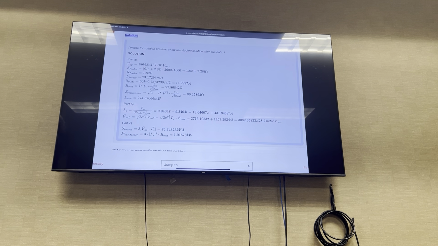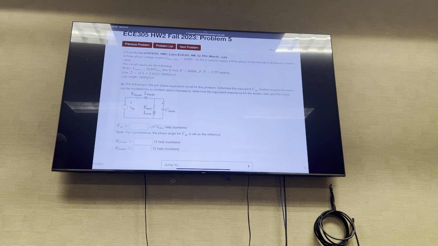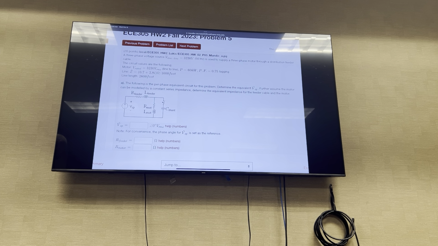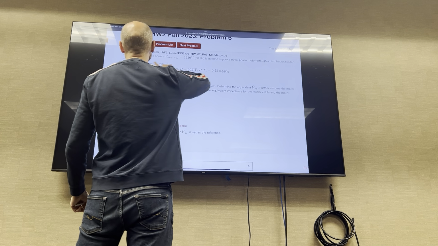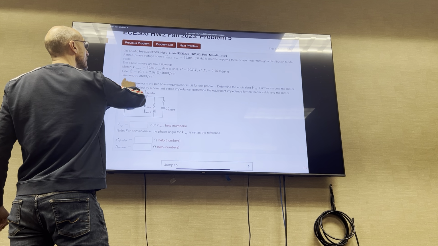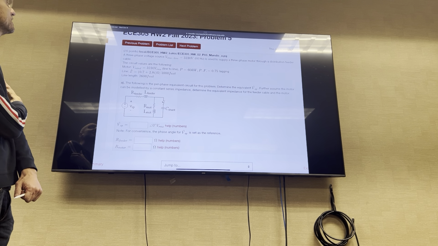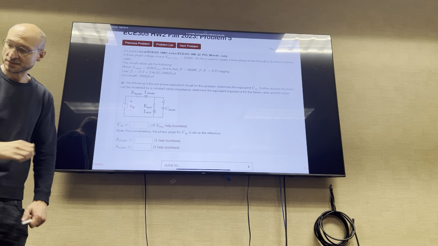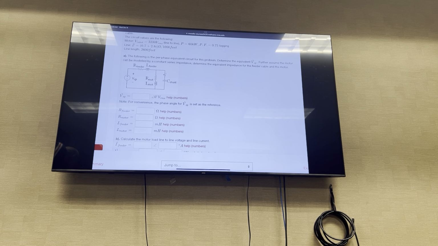Well, they're both line. And I think I_S is line to neutral. Somewhere in the problem it says, let's make sure that's true. Oh, okay. It's a three-phase motor. It does not say that the motor is delta connected. Well, but they're too close to be off by root 3.